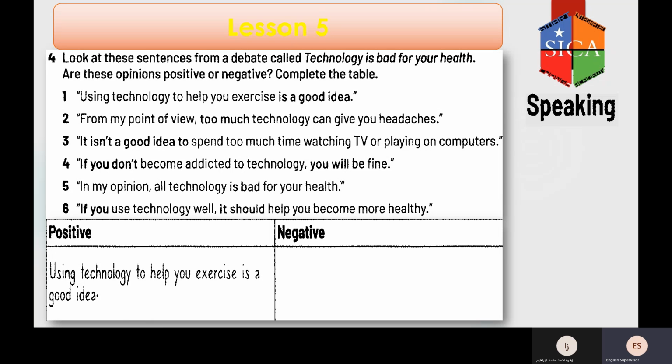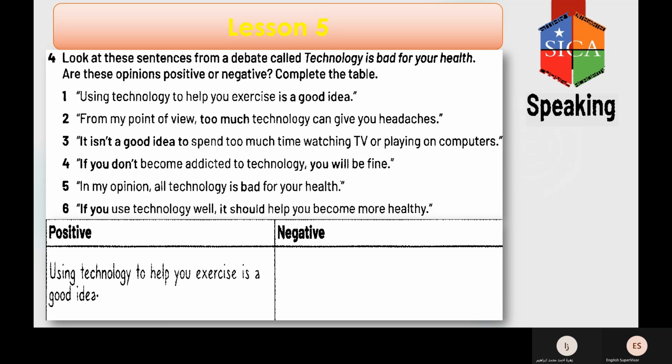Number 4. If you don't become addicted to the technology, you will be fine. Positive. Perfect. Number 5. In my opinion, all technology is bad for your health. Negative. Yes. Finally, if you use technology well, it should help you become more healthy. Positive.